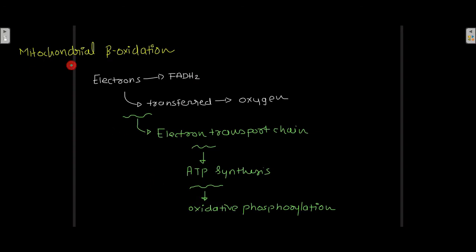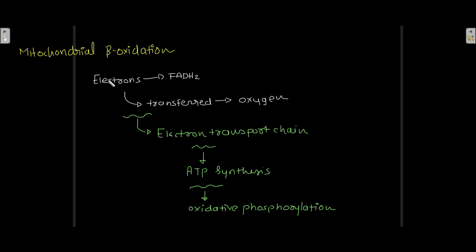But in mitochondrial beta oxidation, there is no generation of heat, there is generation of ATP. Why? Because the electrons from the FADH2 are transferred to oxygen via the electron transport chain. Electrons from FADH2 go into the electron transport chain, and at the end, the electrons are captured by oxygen.